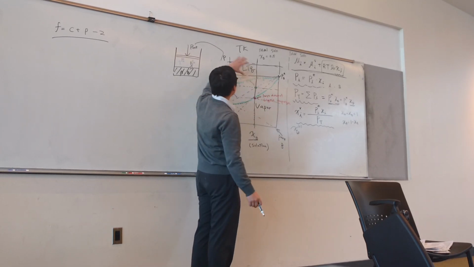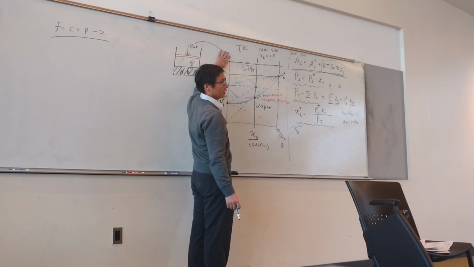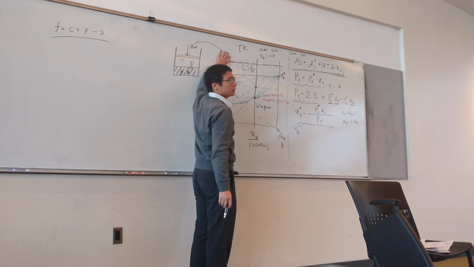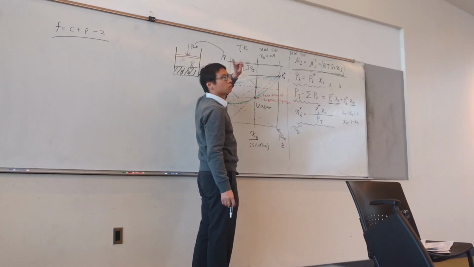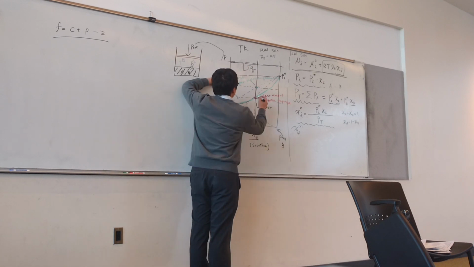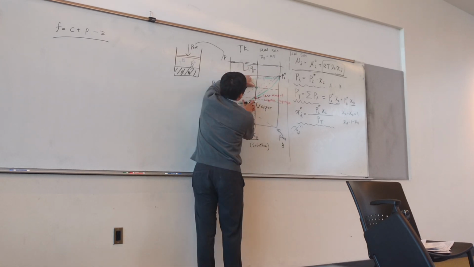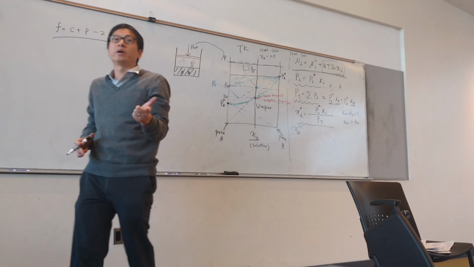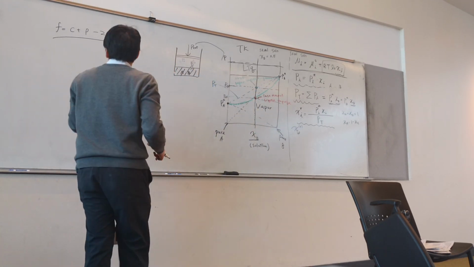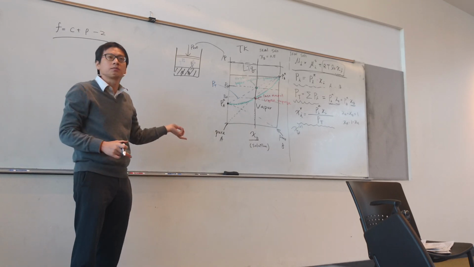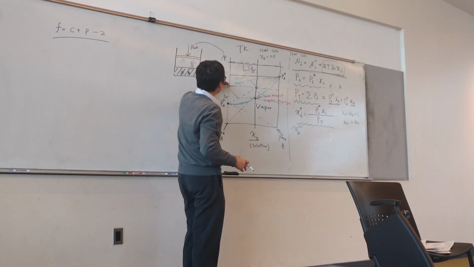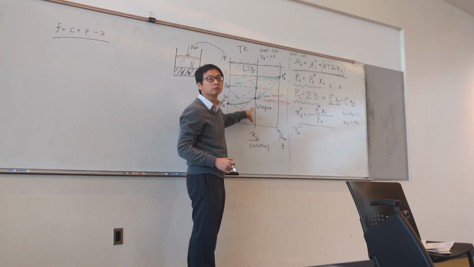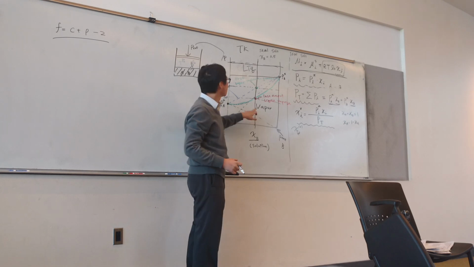At these pressures, everything exists in the liquid form, therefore your phase P equals 1. But if you are somewhere between these two points, you are going to have liquid and vapor coexist, so P equals 2. But if I go to a pressure below these points, then you go back to P equals 1.